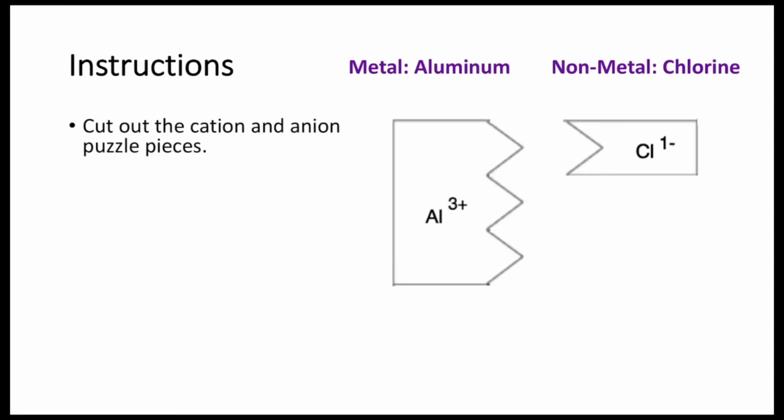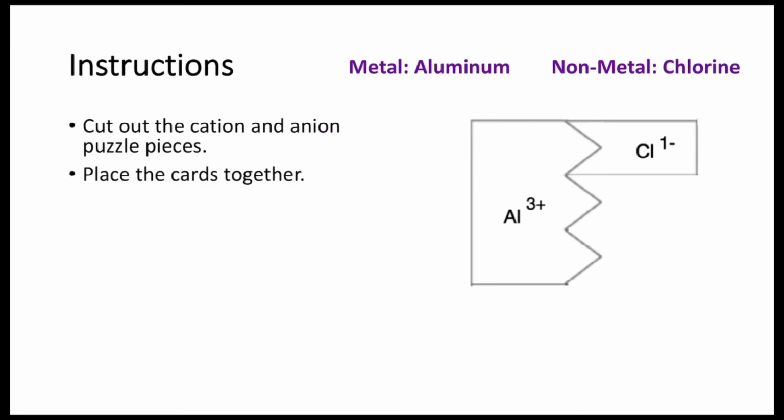So cut out the cation and anion puzzle pieces. Place the cards together. So you've seen now chlorine is coming in and attaching to one of the spaces to fill the charge on aluminum.